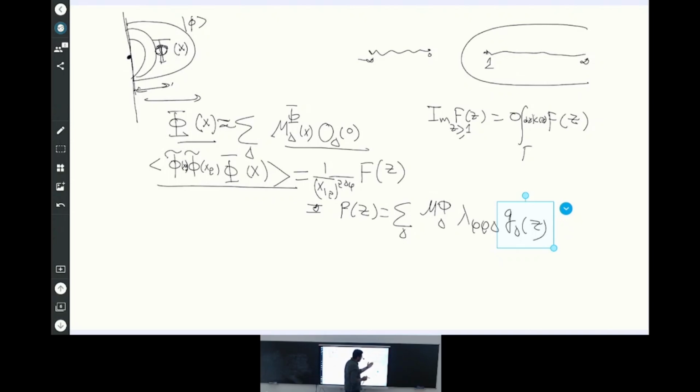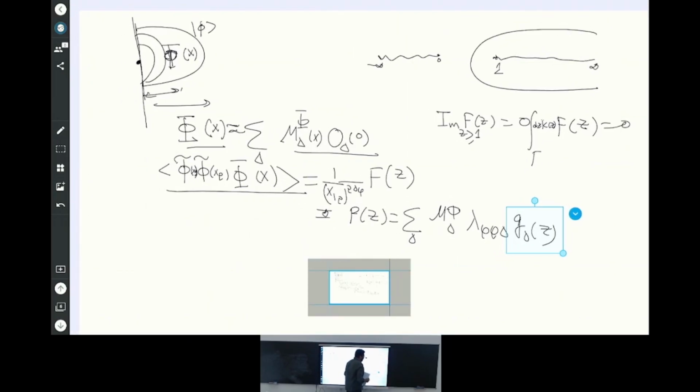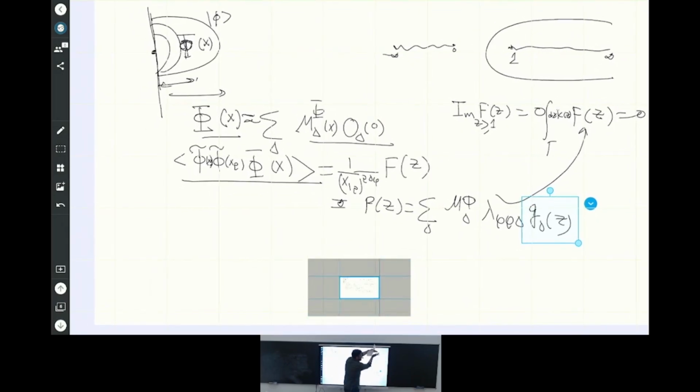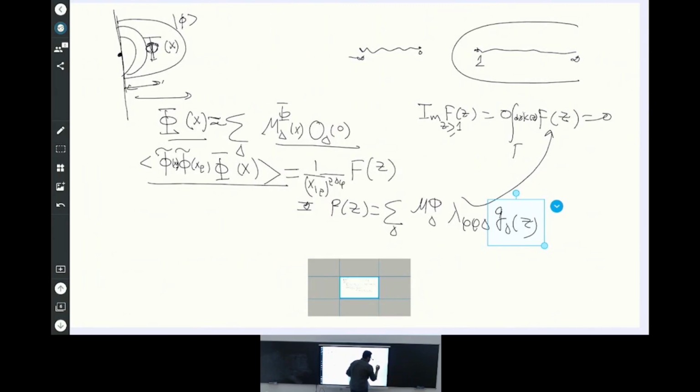Then this quantity has to be 0 because it's a completely analytic function. Then I can replace it with this expansion, and close the contour towards the cut, which will give rise to some formula that looks like mu delta lambda phi delta times some functional. It's just the integration of the kernel with the discontinuity of this block.